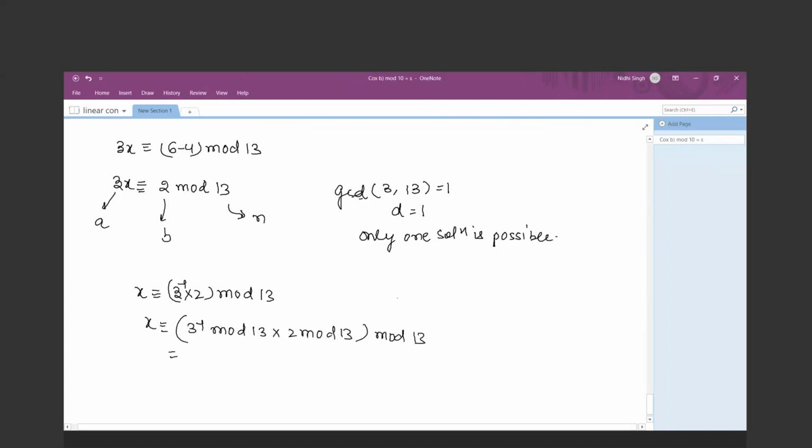So how do we do this? You have to multiply by a value in such a way that after performing the mod operation, the answer should be 1. So in that case, it will be 9. And 9 into 2 and mod 13, the answer will be 5.